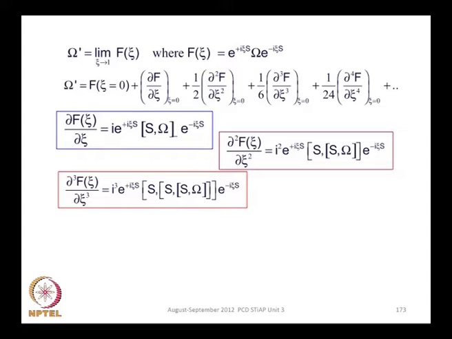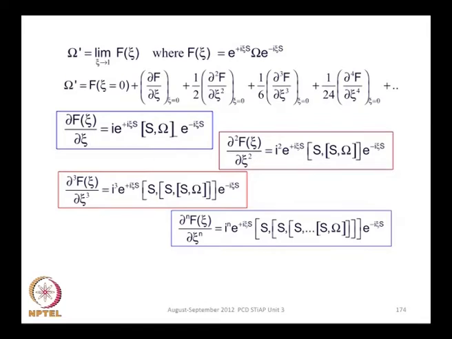Okay, you are extending the same technique and you can develop an expression for the nth partial derivative. So this is the expression for the nth partial derivative. You will have to raise this I to the power n, and then you will have so many commutators to work with.